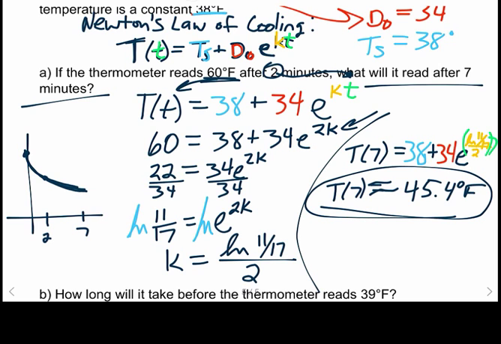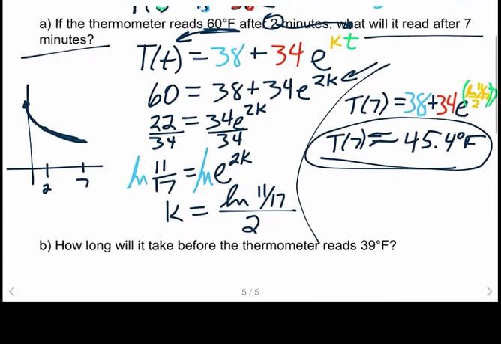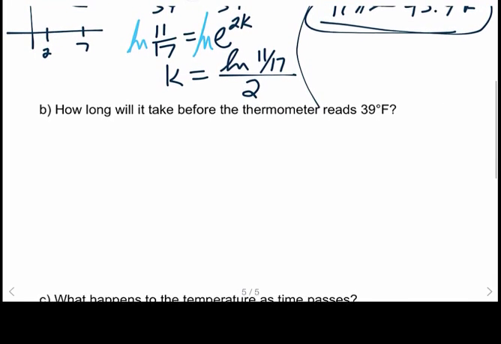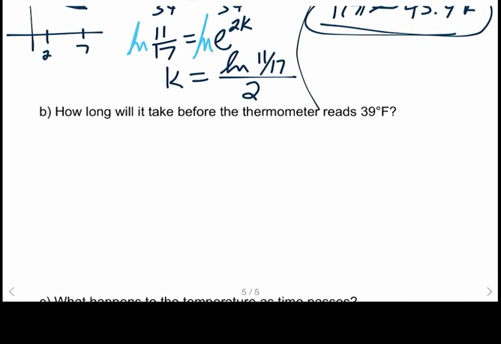And now we're asked, how long will it take before the thermometer reads 39 degrees Fahrenheit? So that means that we're looking for T of t to equal 39 degrees Fahrenheit. That's the output if all of the other stuff is the same.